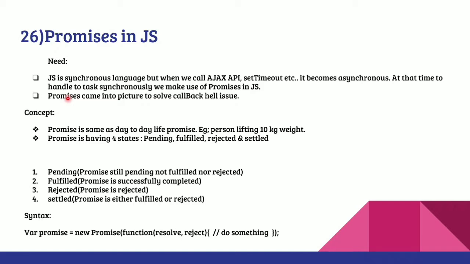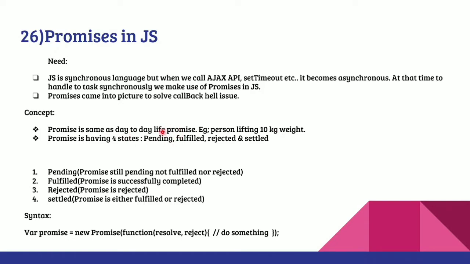Let's understand the concept of promises. A promise is like a day-to-day life promise. Suppose you have been told to lift a weight of 10 kg. You will surely say, let me check. At that moment, the promise is in the state of pending.